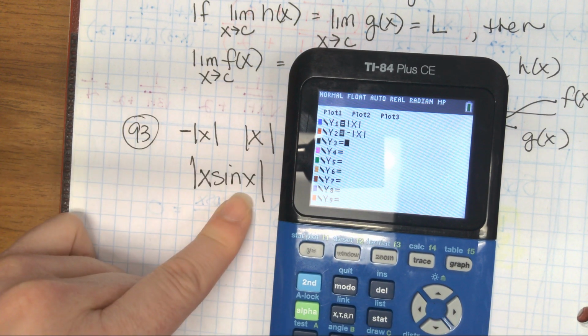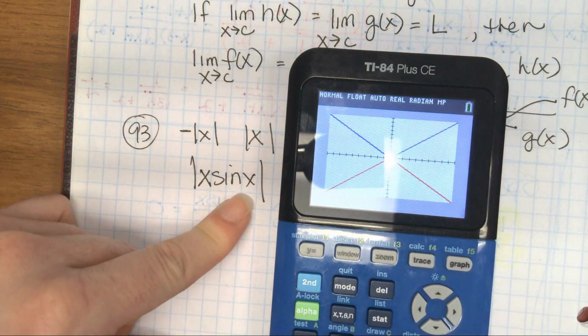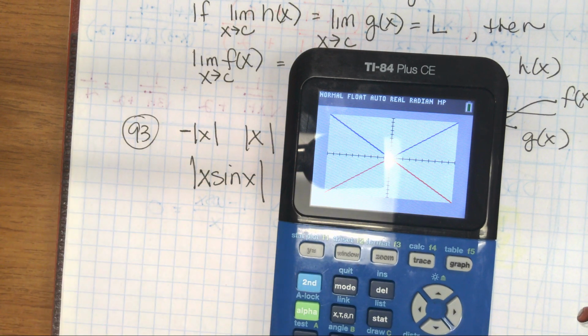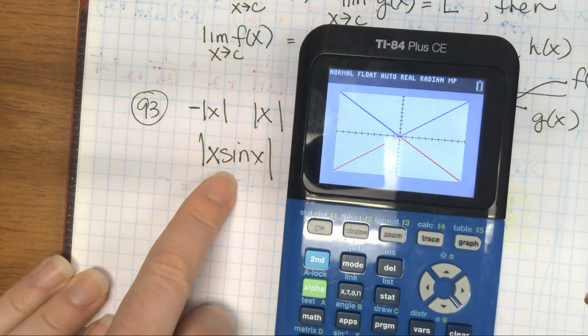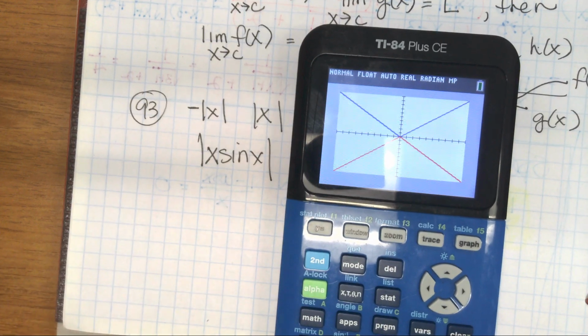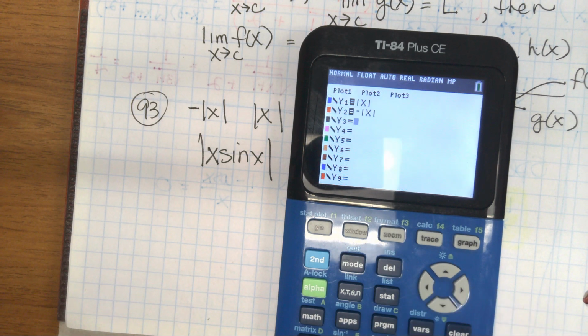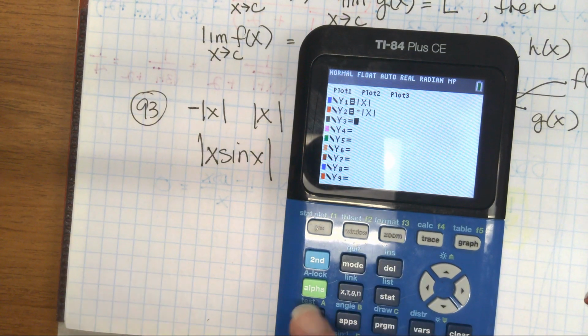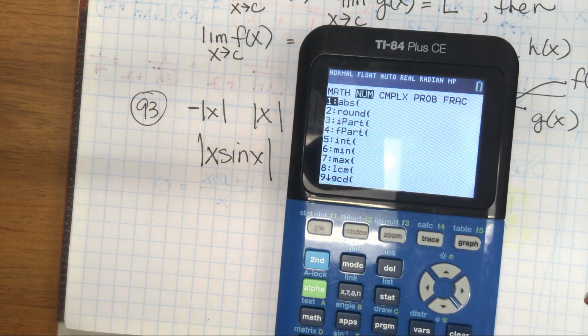By the way, can you guys tell me what the limits of both of those are as x goes to 0? 0. So if I know that sine is going to be between those two, what's going to be the limit of this function? Still 0. So I'll put it up there, but we kind of know, or hopefully are seeing what this is saying.